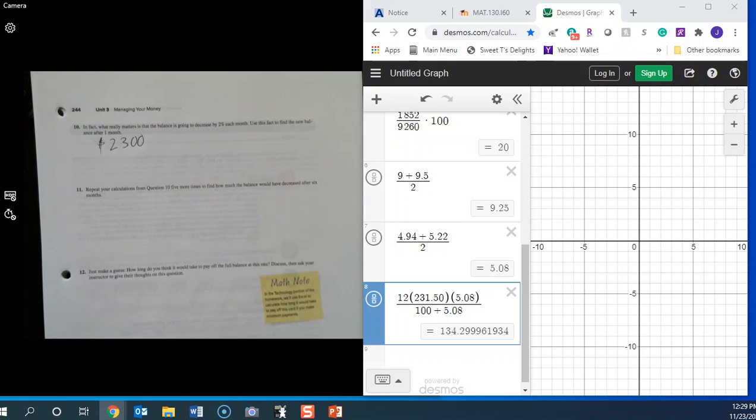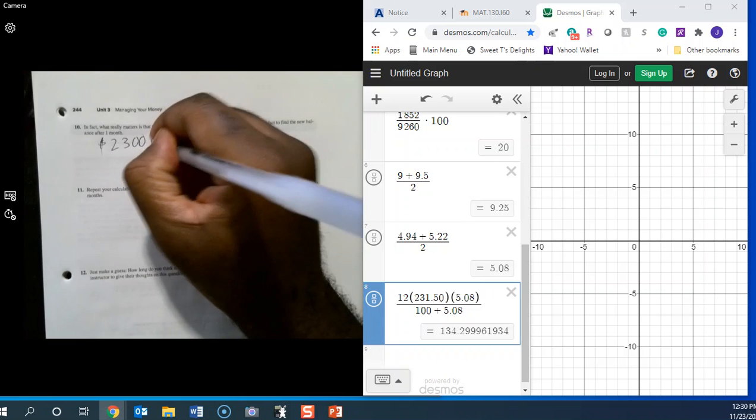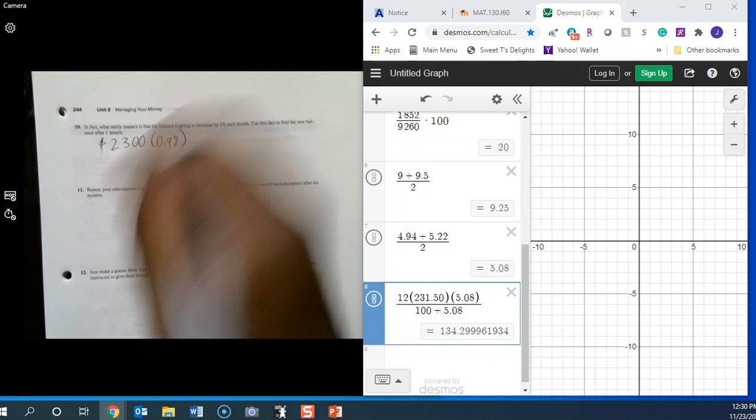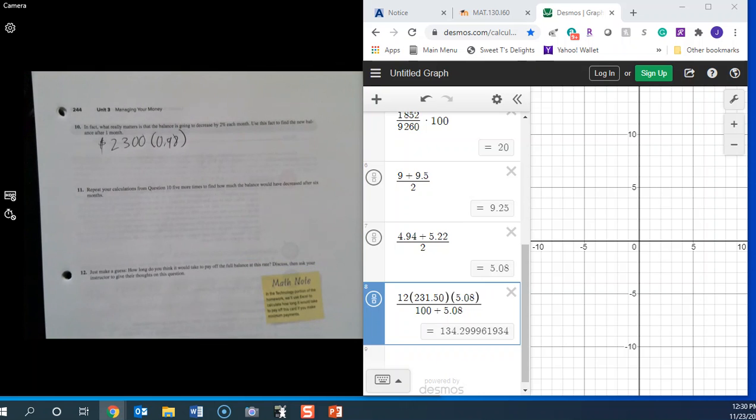$2,300 was the amount that was on the card. But remember, it's going to go down by 2%. So if you think about it, if we didn't go down at all, we would be paying 100%. But since it's going down by 2%, that means that we're going to pay 98% of the $2,300.